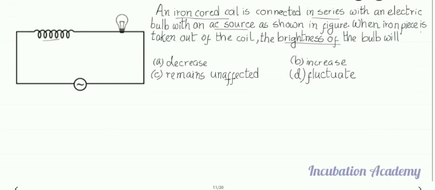Obviously the brightness means the intensity of the bulb. The intensity of the bulb depends on the power consumed by the bulb.